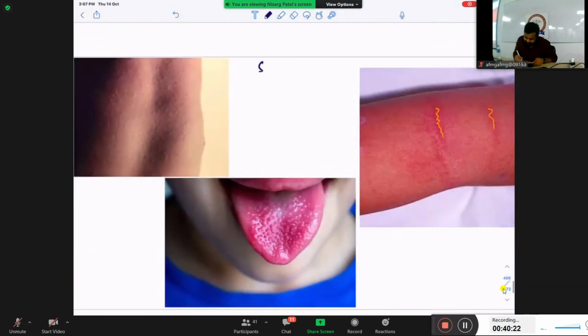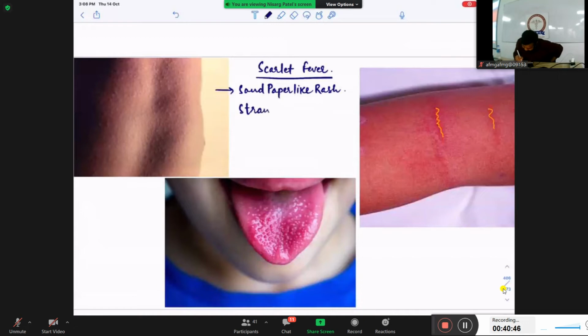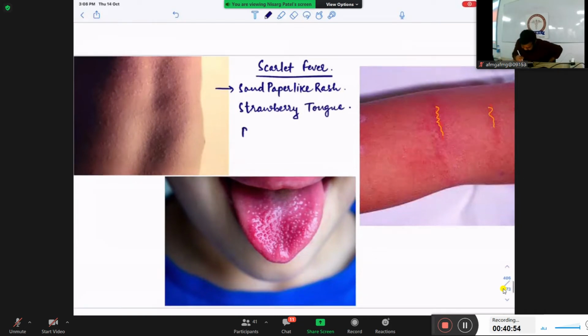So remember three findings of scarlet fever. First is a sandpaper-like rash. Then strawberry tongue. And Pastia's lines.